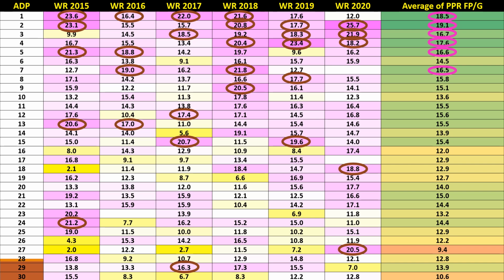And over here for average, here's the top fantasy points per game. And probably unsurprisingly, the top 6 are found in the top 7 ADP over the last 6 years. So there's not a mystery here to where the good players are.